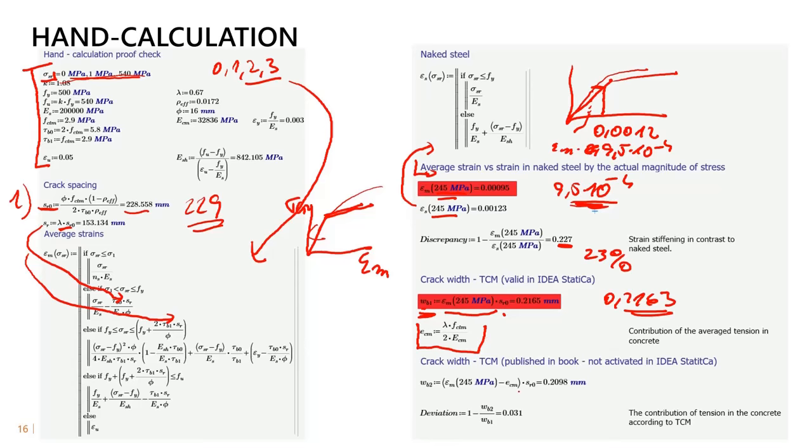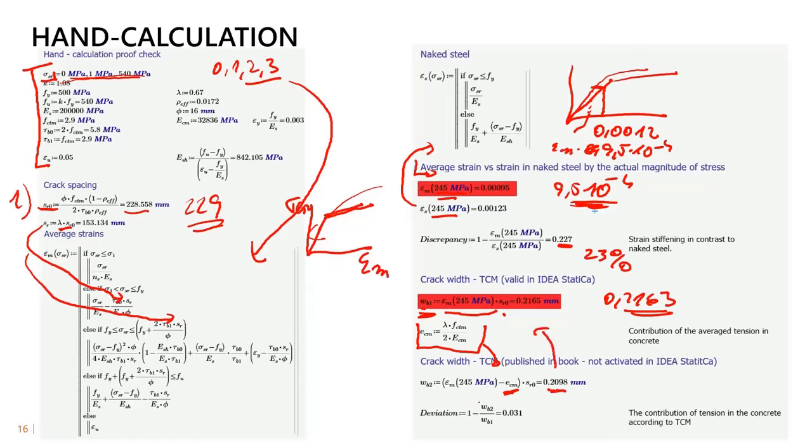This is the contribution of the tensile strength, or average tensile tension in the concrete. So if I add this part to the equation, and subtract it from the average strain and multiply it by the fundamental crack spacing, as you can see, I will receive a little bit lower crack width.